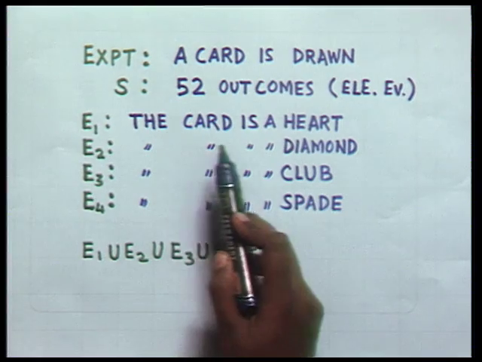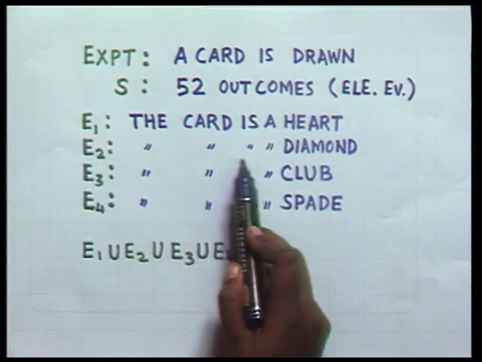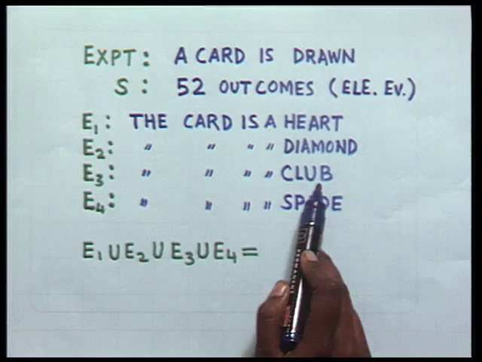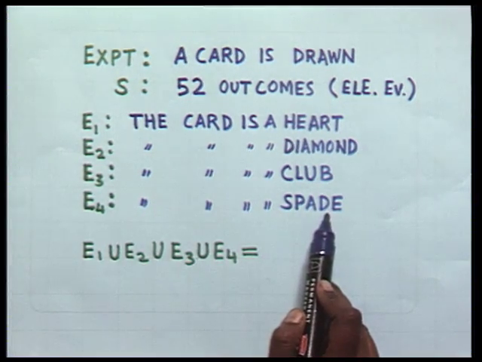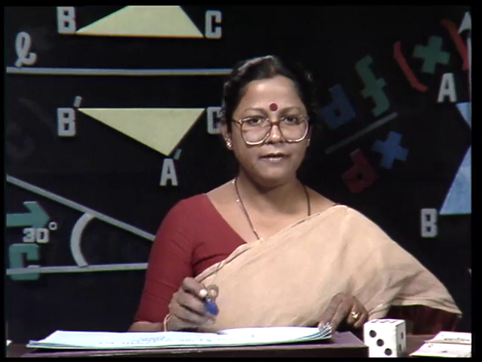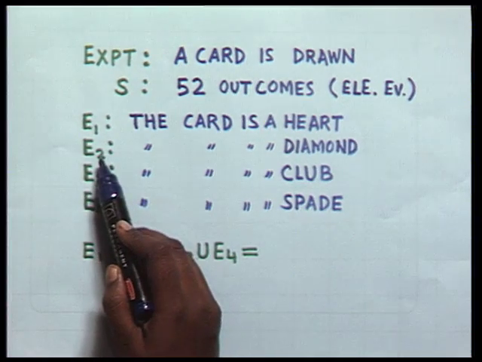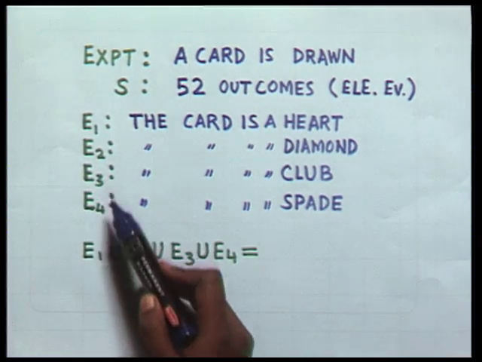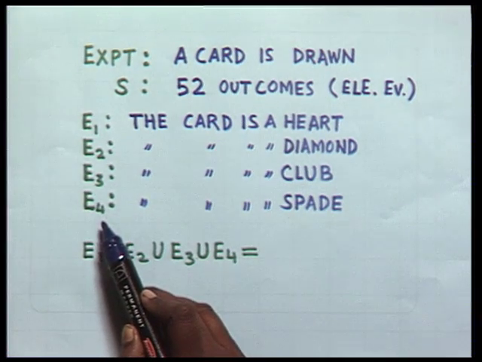It is defined as the card is a heart, event E2 as the card is a diamond, event E3 as the card is a club and event E4 as the card is a spade. If we take event E1 and E2 in pair, then are they mutually exclusive?